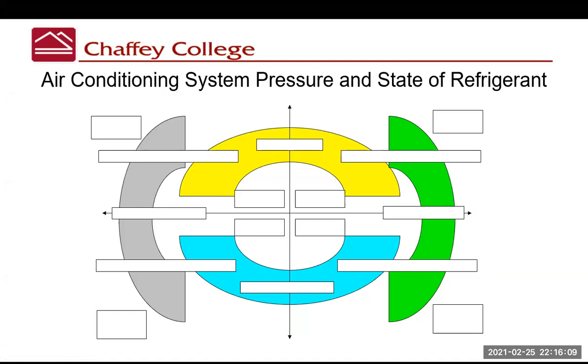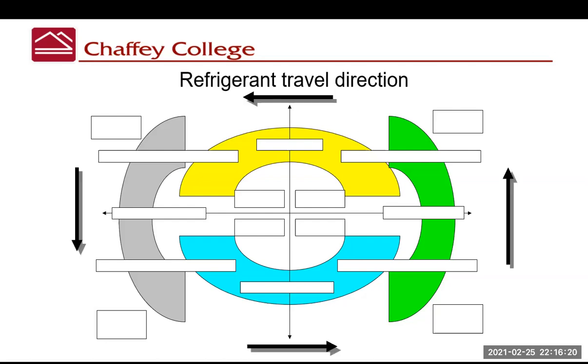We're going to call this our air conditioning system, pressure and state of refrigerant chart. On this chart, the refrigerant is going to travel in a circle. And you can see the arrows, they depict the direction of that circle.